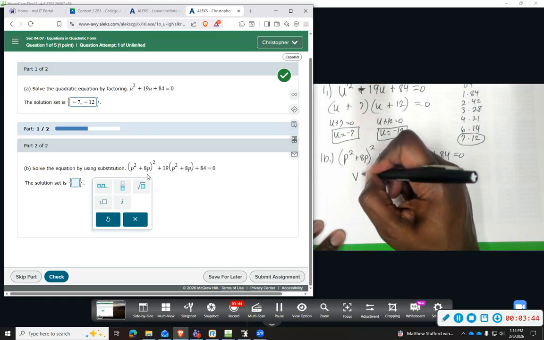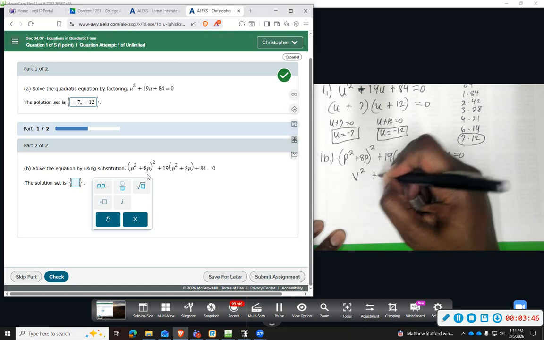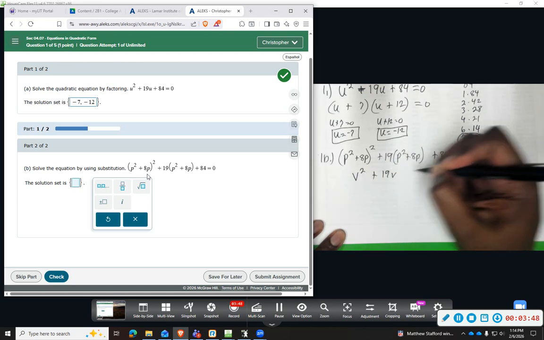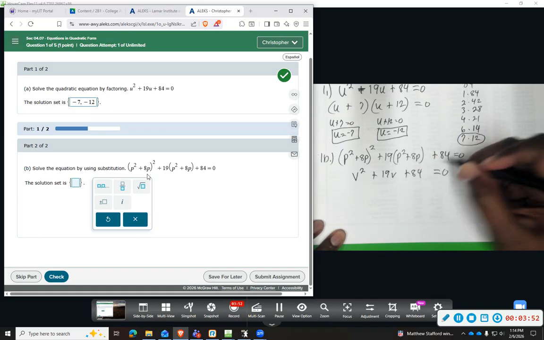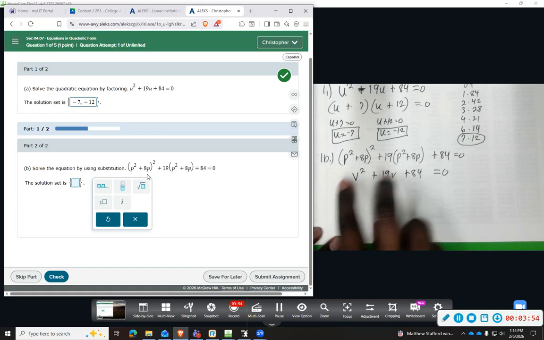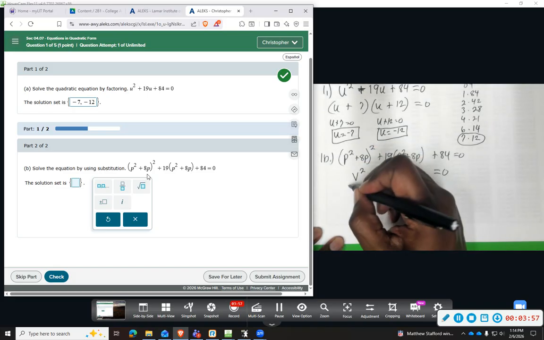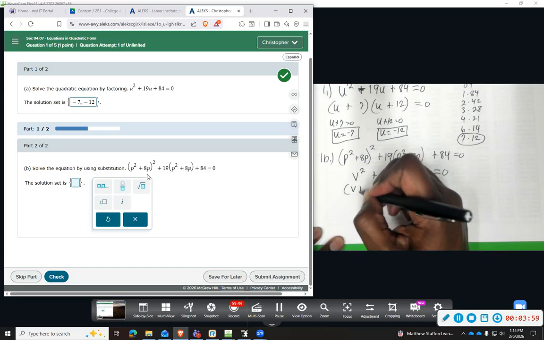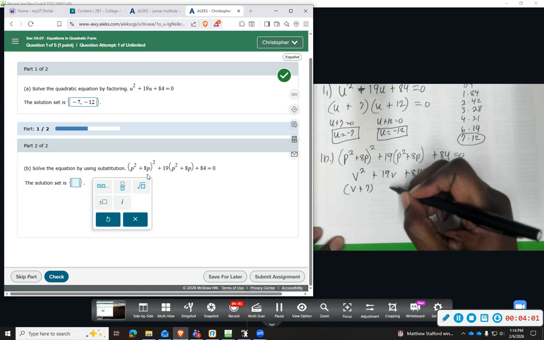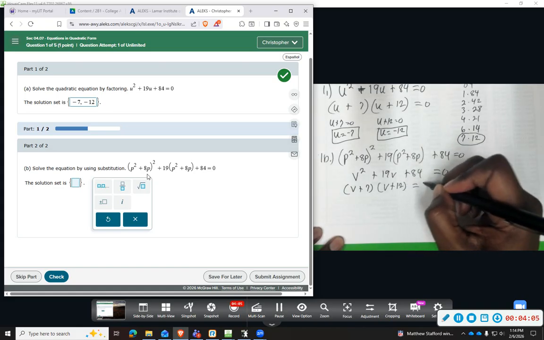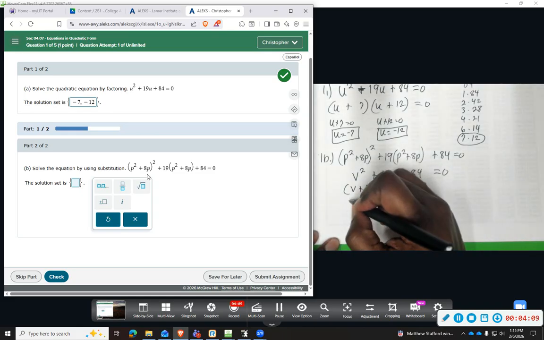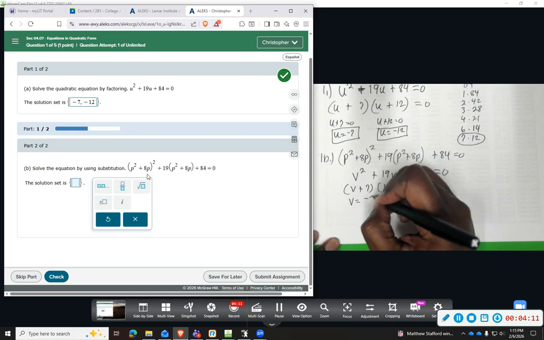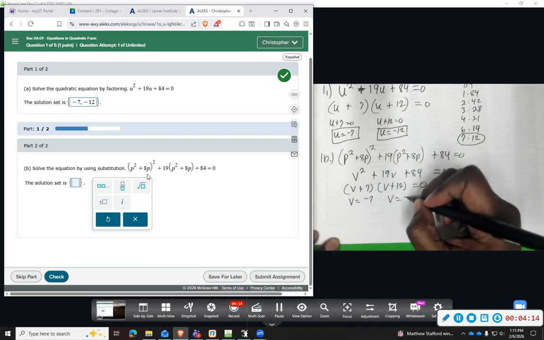So if I write this as v squared plus 19v plus 84 equals 0, when we factor it, it would get down to the same thing we did before: v plus 7 and v plus 12, since it's the exact same numbers. And when we get the solution set, we would have v equals -7 and v equals -12.